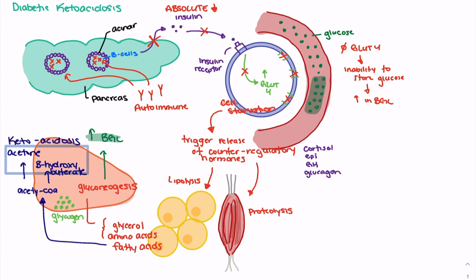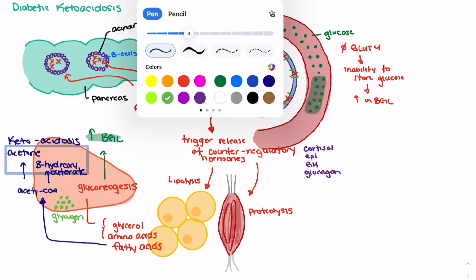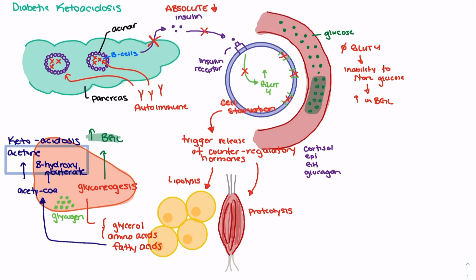One of the other final consequences that we need to talk about with the release of these counter-regulatory hormones is that it promotes the breakdown of glycogen, or glycogenolysis, which is going to create a further increase in blood glucose levels. So again, it's just one more mechanism through which the blood glucose levels are rising.